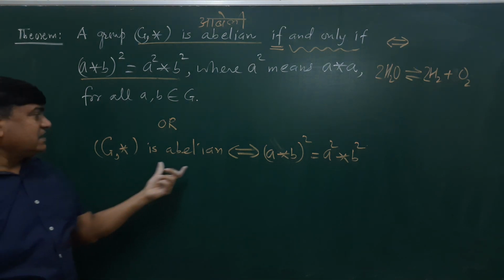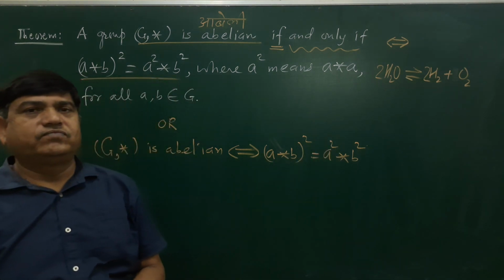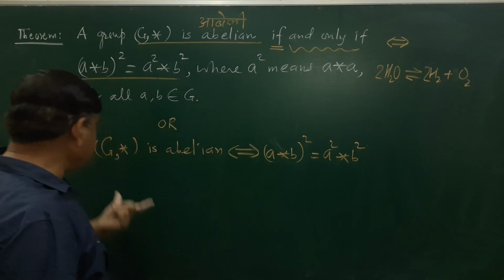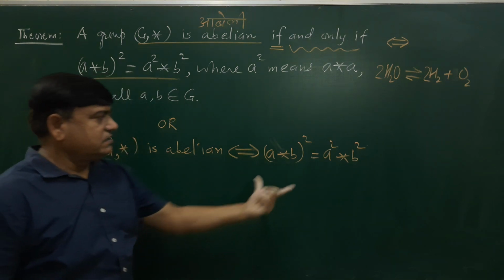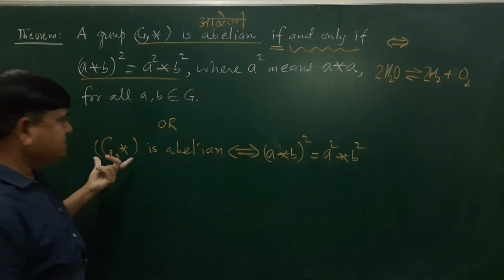Sometimes we will be asked to prove something like this, so there will be two parts. In the first part, this is given and this is to be proved. In the second part, the other is given and this is to be proved.